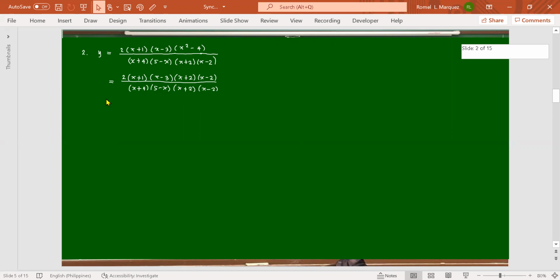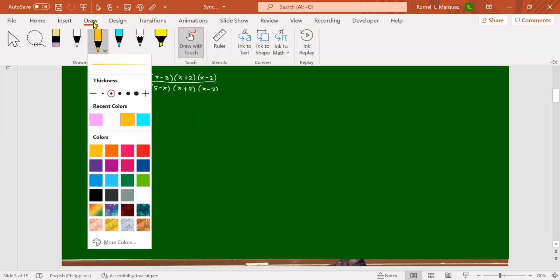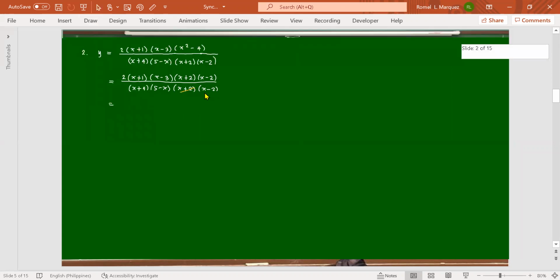So simplifying, what is going to cancel out, guys? The x plus 2 and the x minus 2. So in the simplified form we just have 2, x plus 1, x minus 3, all over x plus 4, 5 minus x.